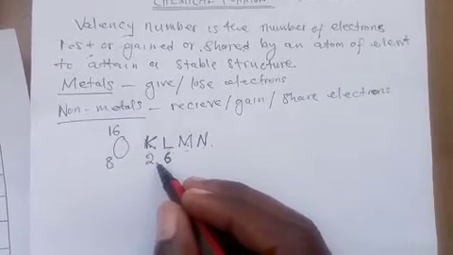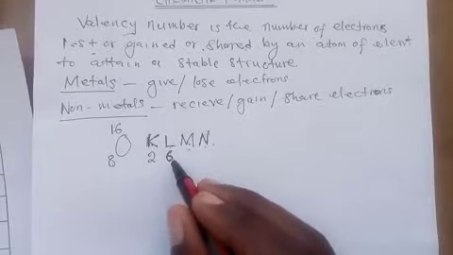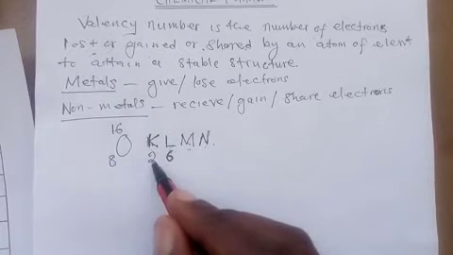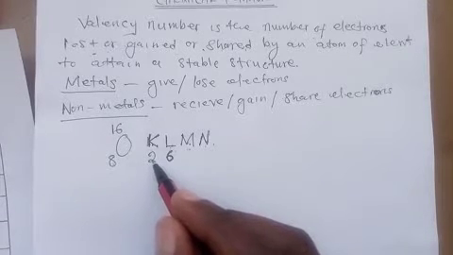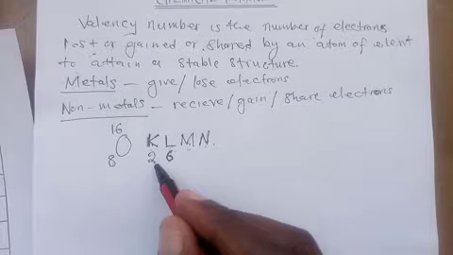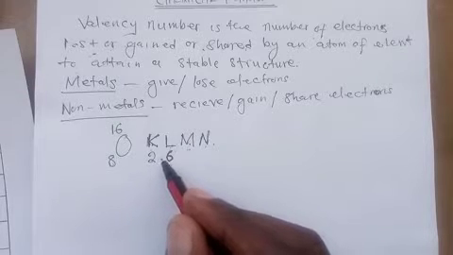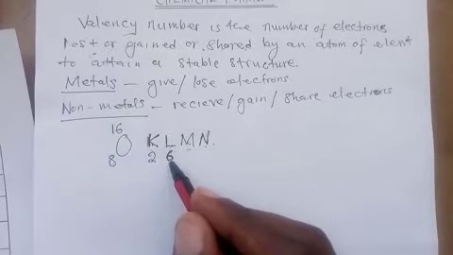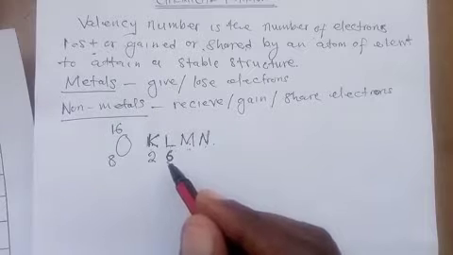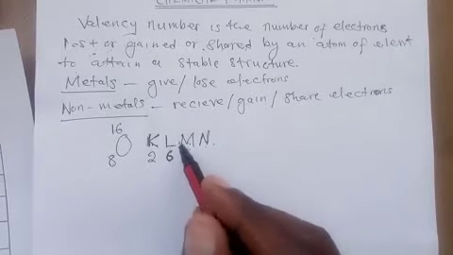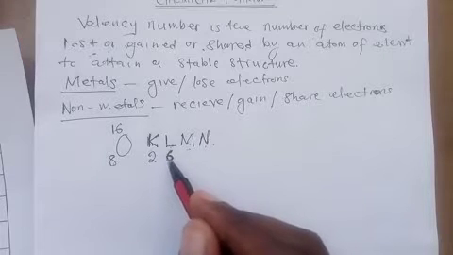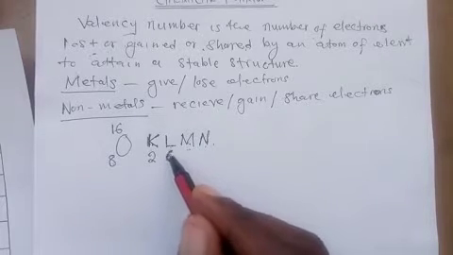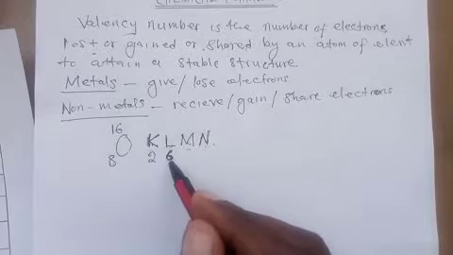I said the first shell always has to be full with 2 electrons. The second shell is full with 8 electrons. So if you see here, this is 6. How many left for it to be 8? 2 electrons left to be 8.